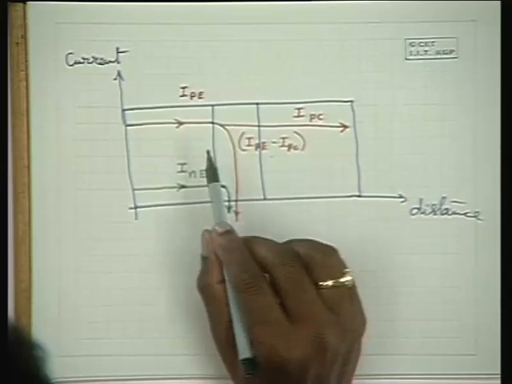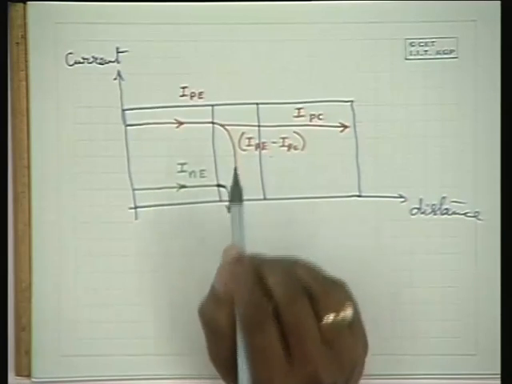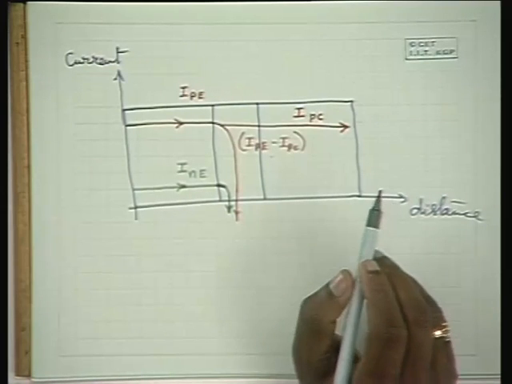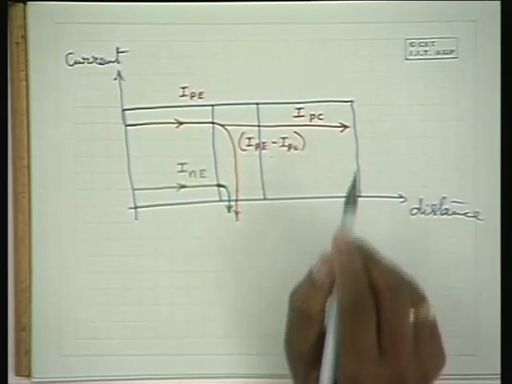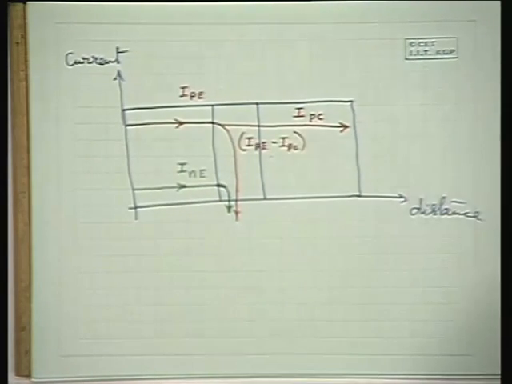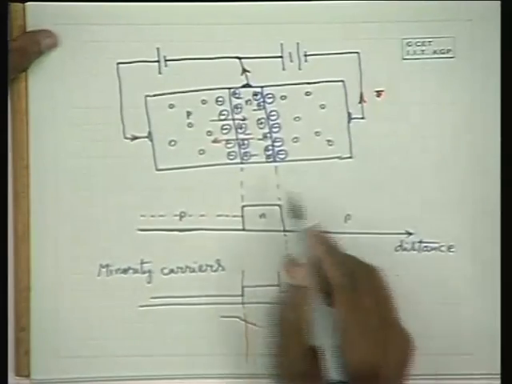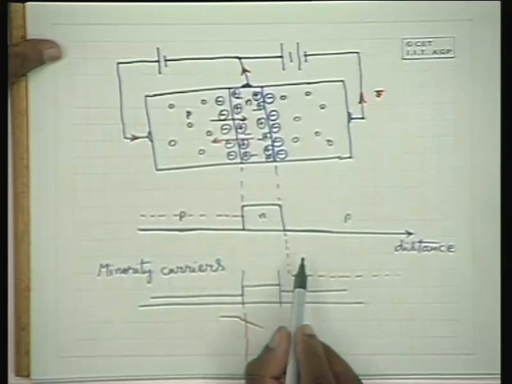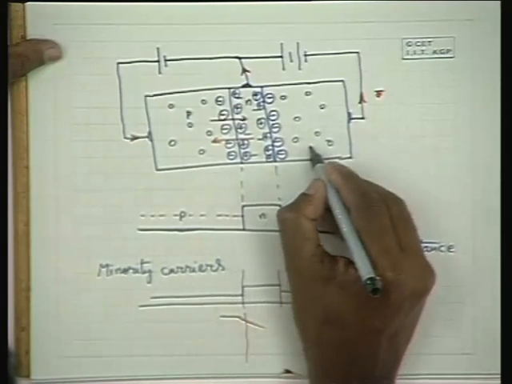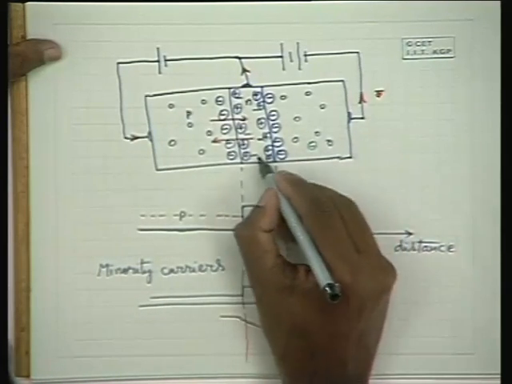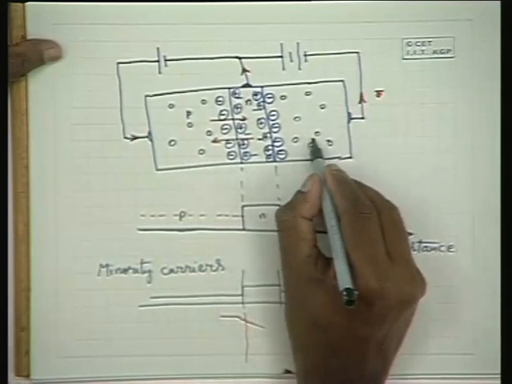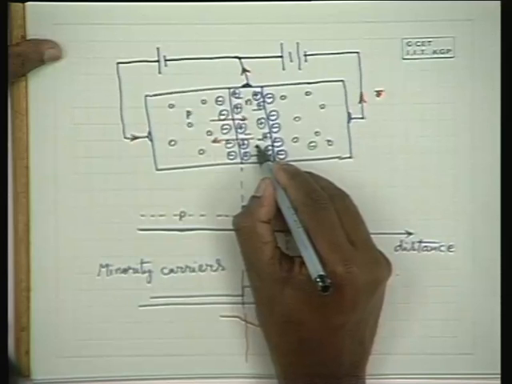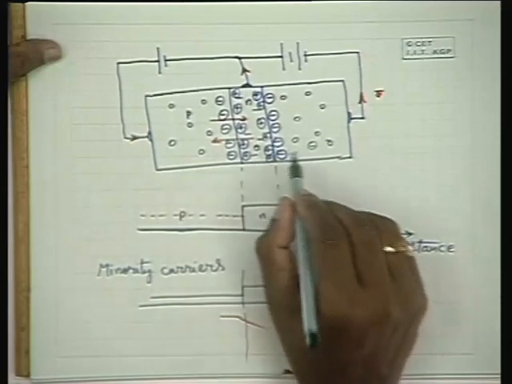So this is about the emitter base junction. What about the base collector junction? The base collector junction is reverse biased, as you have seen in this diagram, and this reverse bias is good for the minority carriers, that is the electrons on the p side and the holes on the n side.